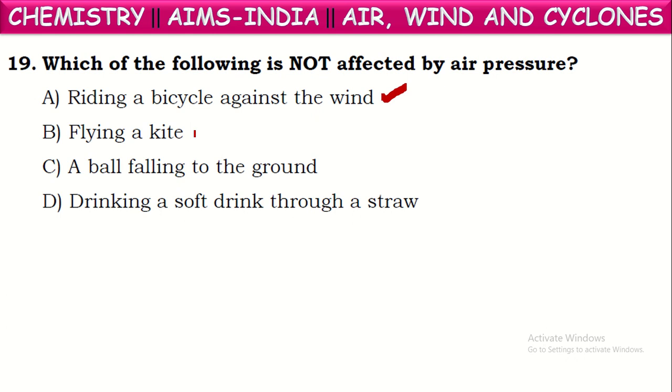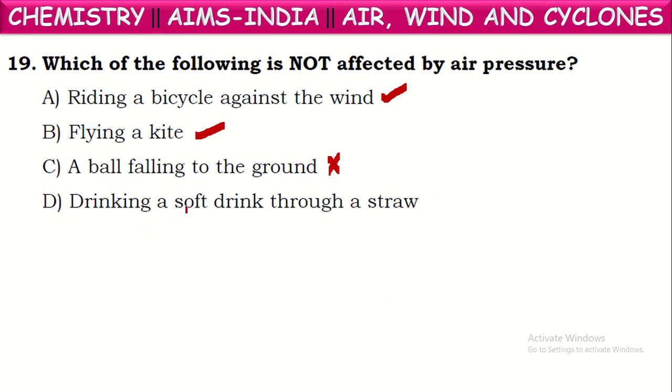Flying a kite also is being affected by air pressure. And a ball falling to the ground won't be affected by air pressure actually. If it is a hard ball, it directly falls onto the ground. So it won't be facing any air pressure generally.